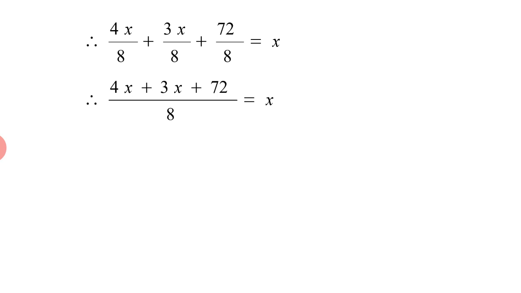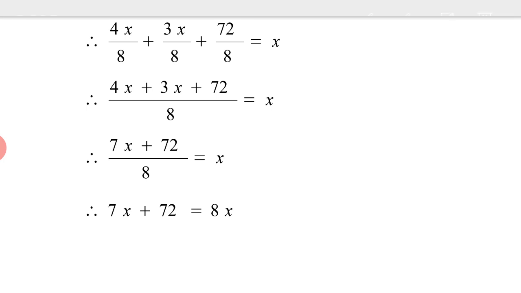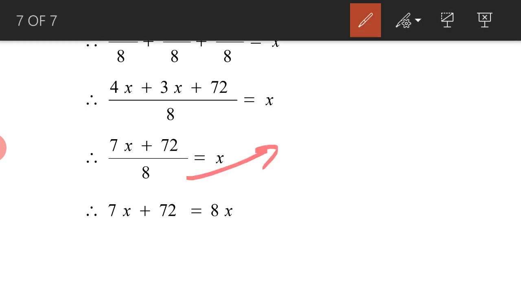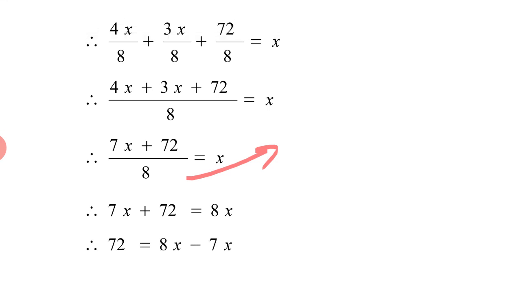So denominators are same, so we can add numerators. Now 4x plus 3x plus 72 upon 8 is equal to x. So 7x plus 72 upon 8 is equal to x. You can shift 8 to the right hand side. So it will be 7x plus 72 is equal to 8x. Now 7x can be shifted to that side. So 72 is equal to 8x minus 7x. So we get 72 is equal to x, or x is equal to 72.